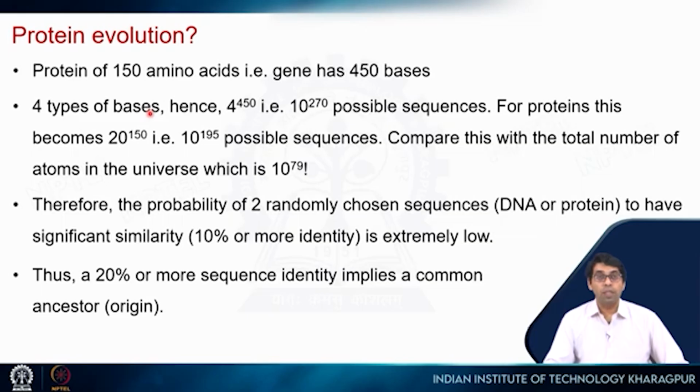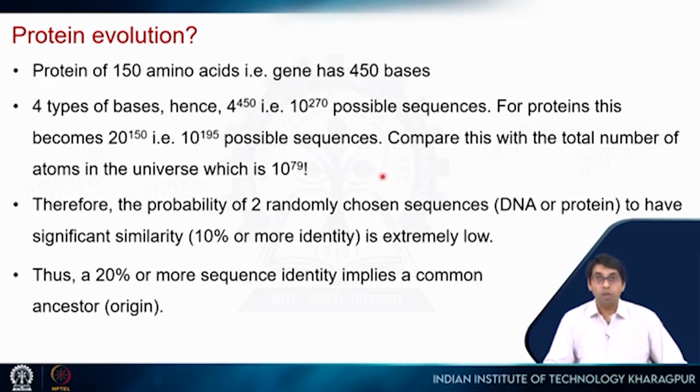So, what are all the possible sequences which will have 450 bases? That will be 4 to the power 450, which is 10 to the power 270 possible sequences, right. That is a huge number. If we just consider the amino acids, how many different 150 amino acid sequences we can generate, that will be 20 to the power 150, which is 10 to the power 195 possible sequences.